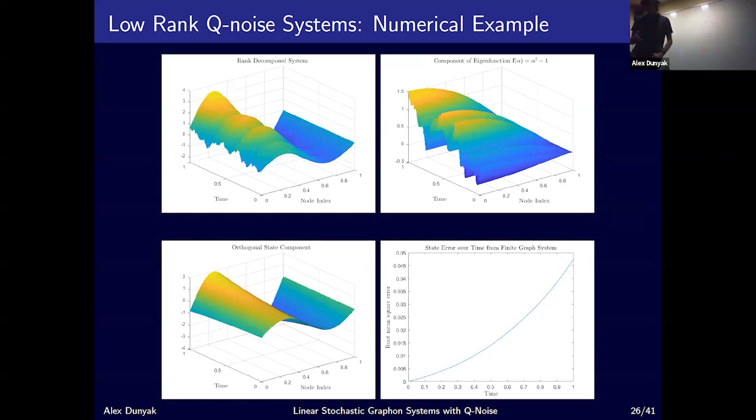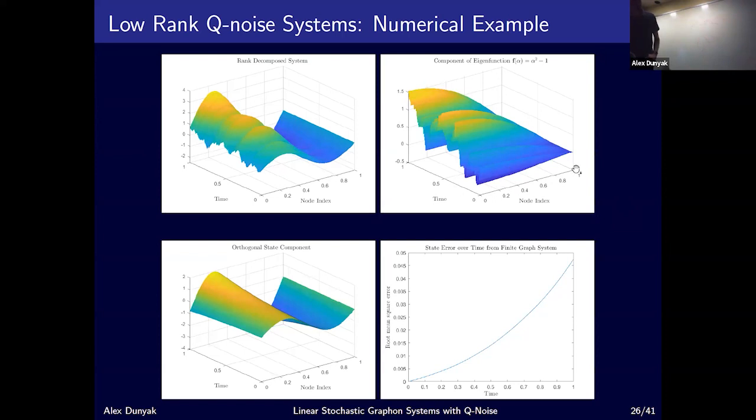But when we have the system decomposed into our component along the rank one eigenfunction phi, we actually see that the system has nearly an identical trajectory as the original finite graph system. So on the top left, we have the trajectory of our rank decomposed system evaluated as a one-dimensional linear differential equation with an orthogonal complement.